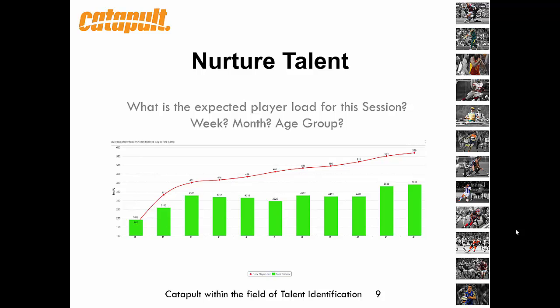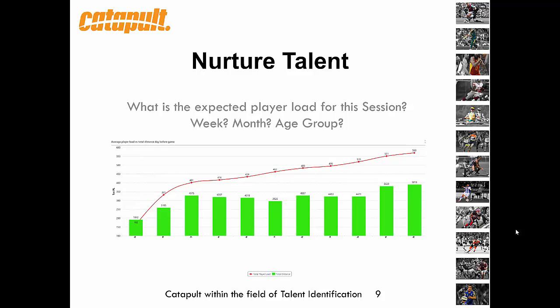This might be a way that you can create two different parameters, and you can look at it, for example, as a weekly session, or when we're looking at match day -1, -2, -3, you can visualize it and it can help assist in this preparation.